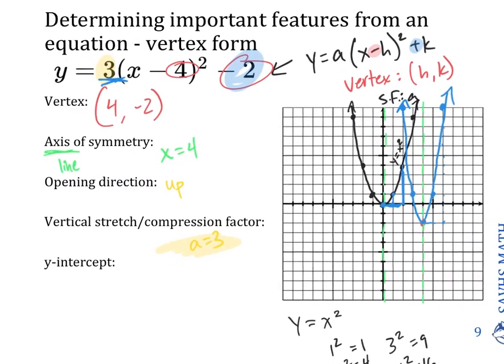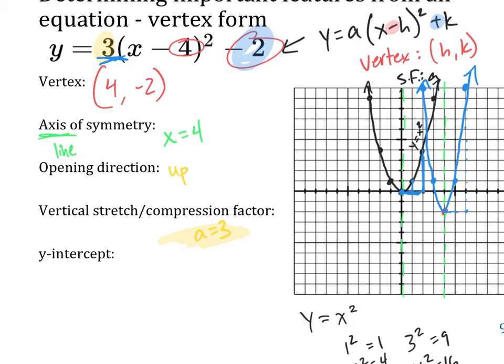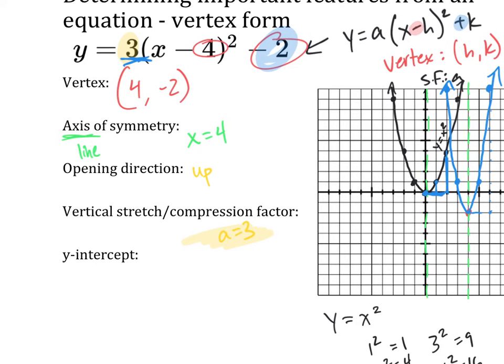Your y-intercept is the point (0, something). You're going to put in 0 for x and see what you get out. So you're going to take your 0 and put it in for x up here.